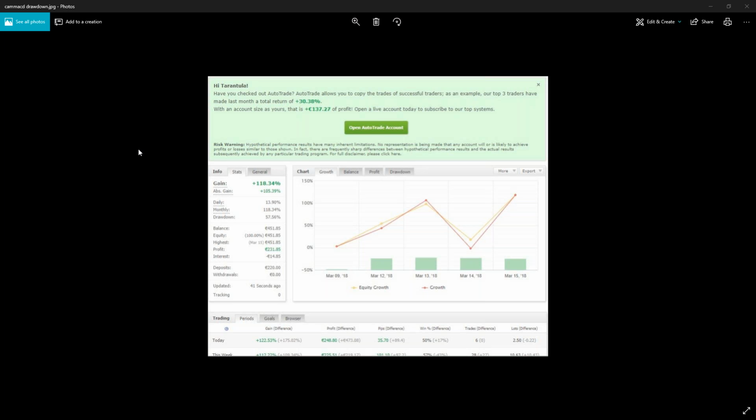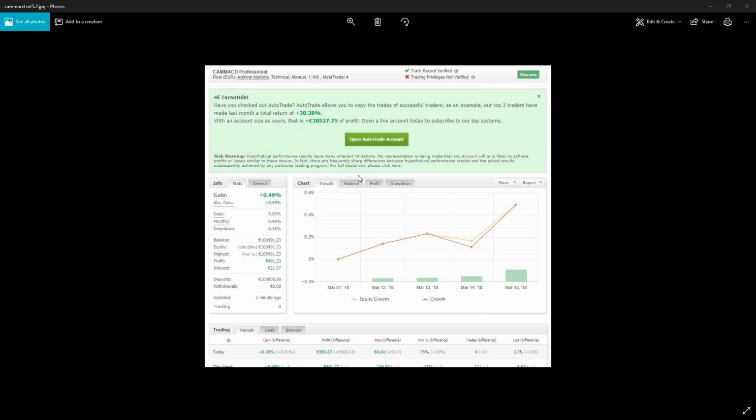Here, guys, it's again a verified account on my FX book, and you can see here it's 100K, and the drawdown is only 0.16%. The account is again a week of trading, and this account made a gain of only, it's not only, but it's like what you can get if you put the money in the bank over the course of a year.